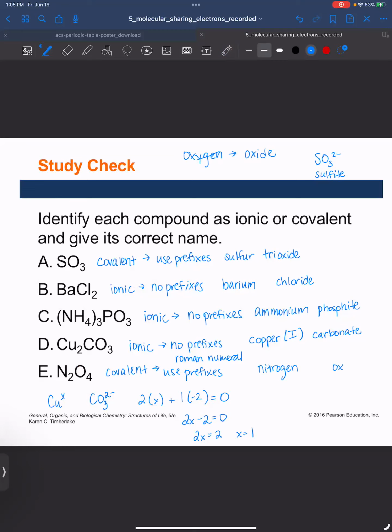So that would be ox and then IDE, so oxide. How many nitrogens do we have? 2, so we use the prefix di. And how many oxygens do we have? 4. So we use the prefix tetra, but remember with the A and O, we drop the A. And so it ends up being tetroxide.